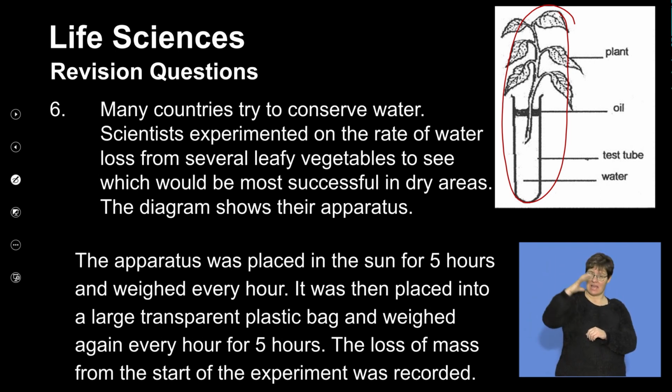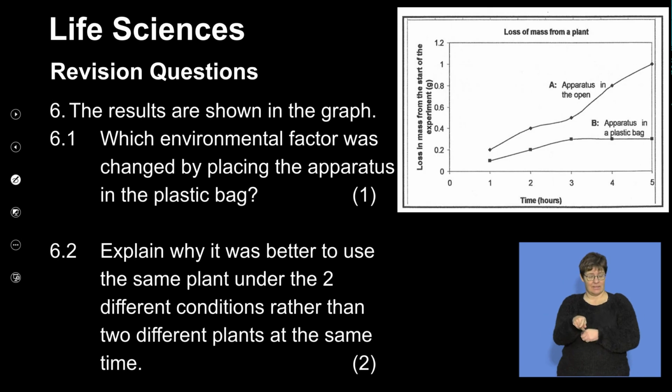Then the same plant is put inside a plastic bag and placed also in the sun for 5 hours, but the plastic bag changes one environmental factor, which is humidity. Then the next question, 6.2, why is it better to use the same plant? And we've come across that before because different plants would have a different number of stomata.